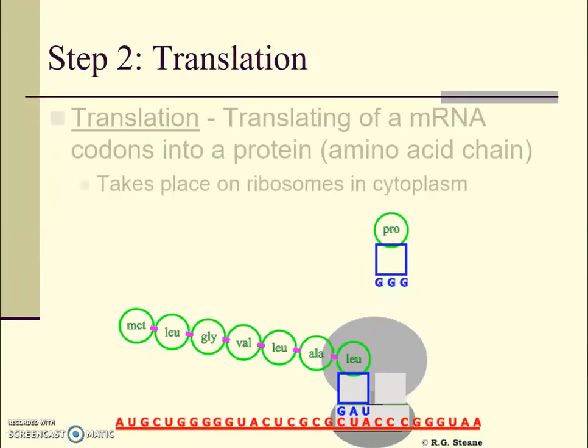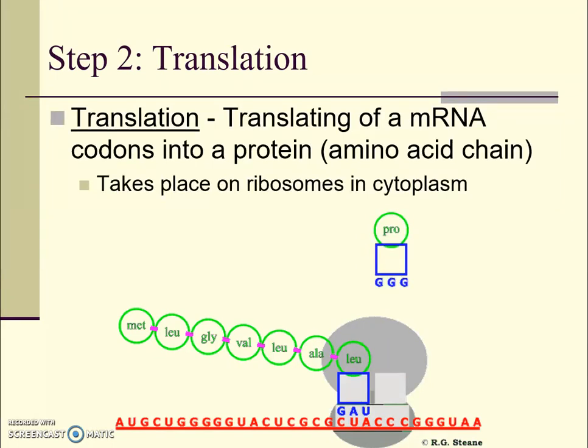Now, let's get into the details of translation. So translating of an mRNA codon into a protein takes place with the help of tRNA. So tRNA has amino acids attached to the other end. They come along, and the first amino acid is always methionine.